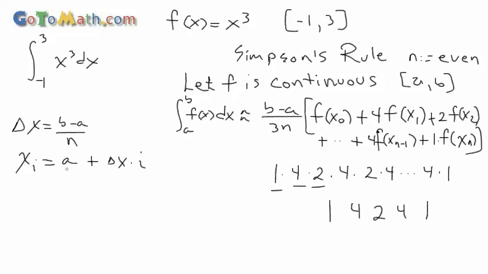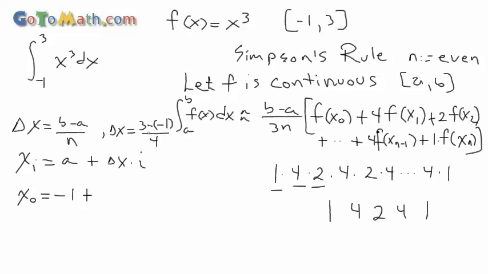So now we are going to go ahead and find all of our x of i. We're going to start with x naught is equal to, so a is -1 plus, and of course I didn't get our delta x, did I? Delta x is equal to 3 minus negative 1 over 4, that's b minus a over 4.